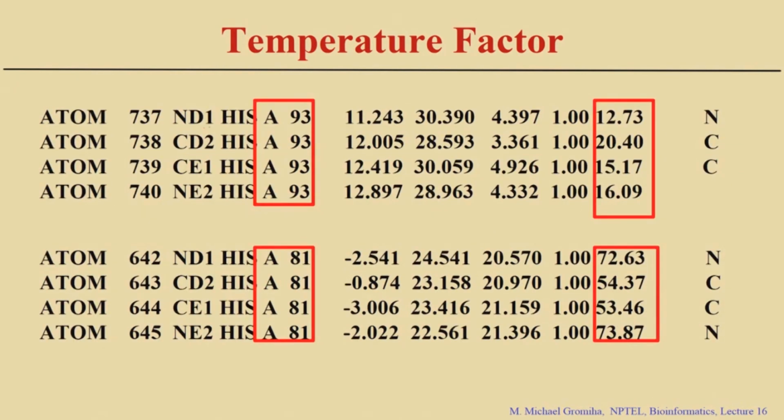Here you can see histidine 93 ND1 and CD2, the values are around 12, 15 or 16, and you can see these atoms are rigid. In the same way, if you see histidine 81, ND1 and CD2, the values are more than 50, say 72 or 73, and these atoms are highly flexible, which is why the B factors are very high.